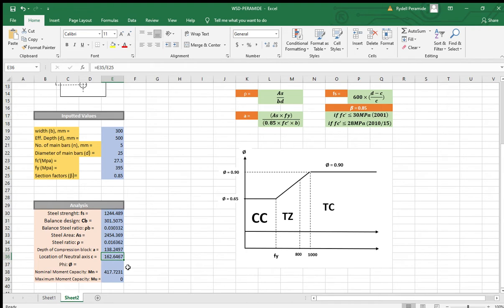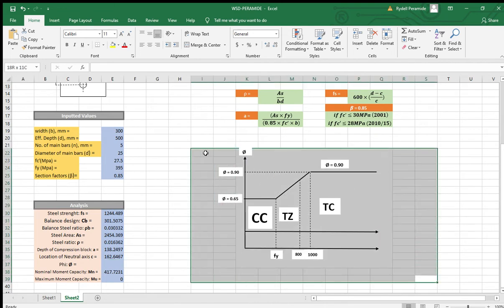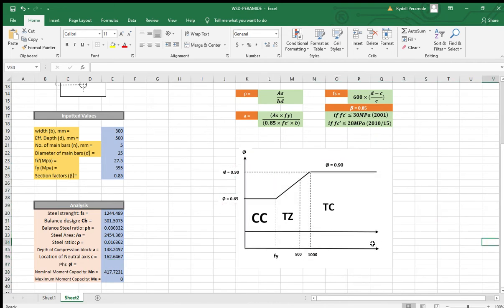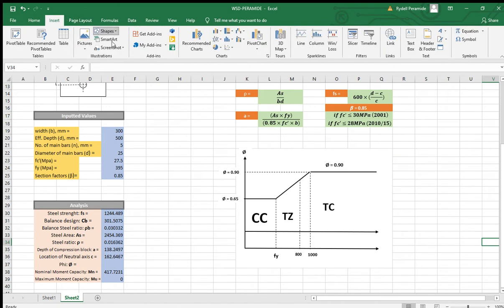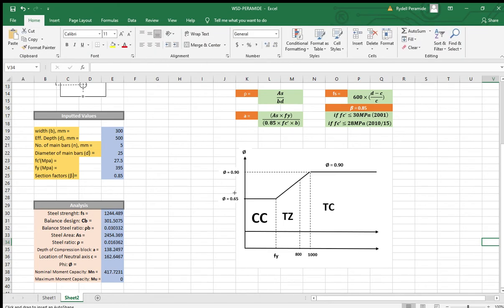162.6467. To get the phi, we will plot. Oh, wrong, we should first get the fs, sorry, my bad. So, fs.